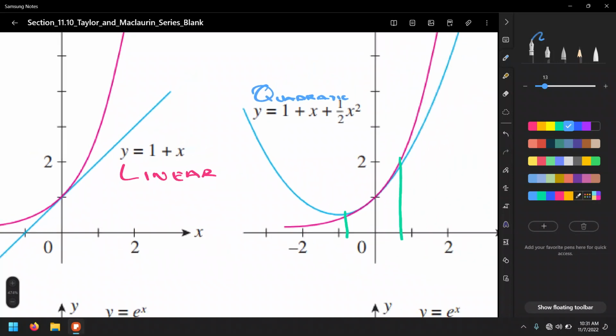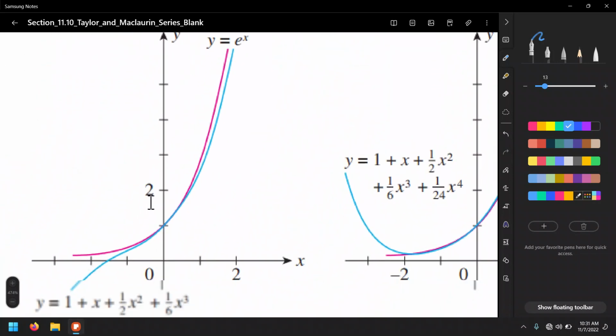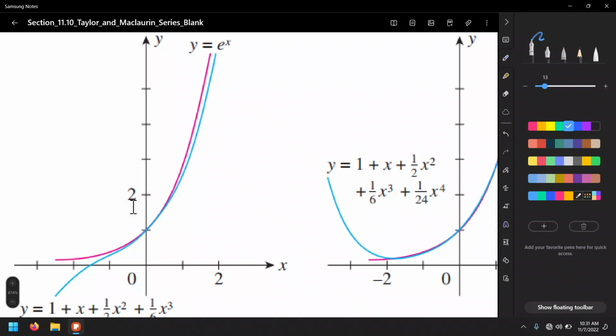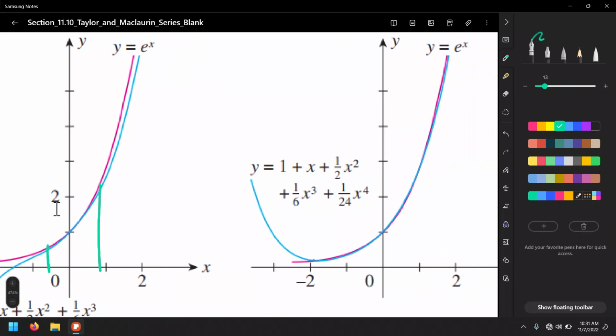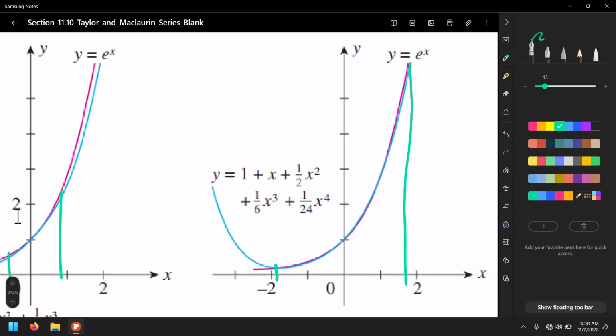Not that many. Go to the cubic approximation. The cubic approximation is giving us an even better approximation. It's a wider range of values. And by the time we go to the quartic approximation, check how many values the approximation overlaps with the original function.